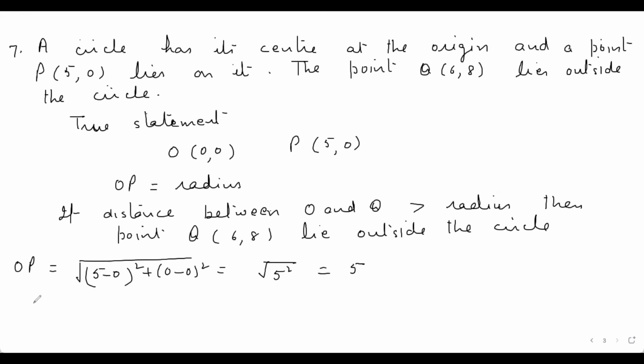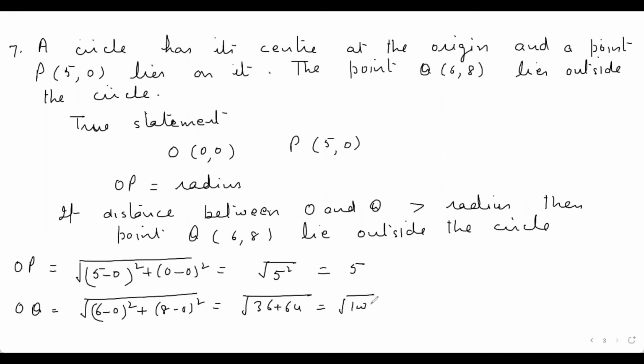Now the distance OQ is equal to root of (6 minus 0) whole square plus (8 minus 0) whole square, that is equal to root of 36 plus 64, that is equal to root 100, that is equal to 10.